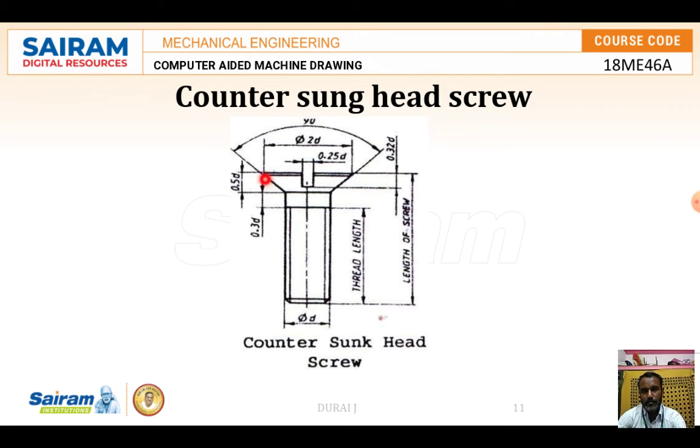Then the head of the screw is 0.5d, and the cutout portion is 0.32d. The thickness of the cutout is 0.25d. The depth of the cut is 0.32d. Okay, with the help of these values, we are going to construct the countersunk head screw.